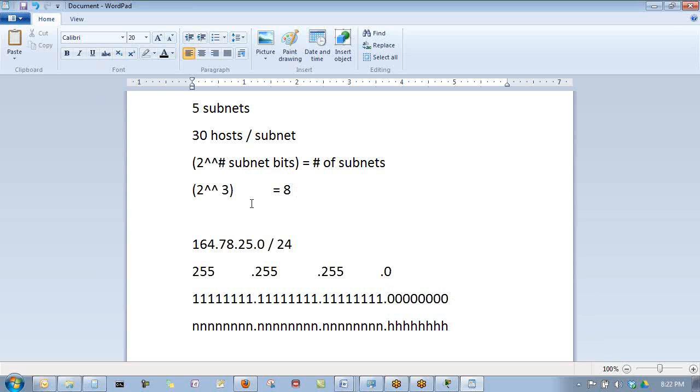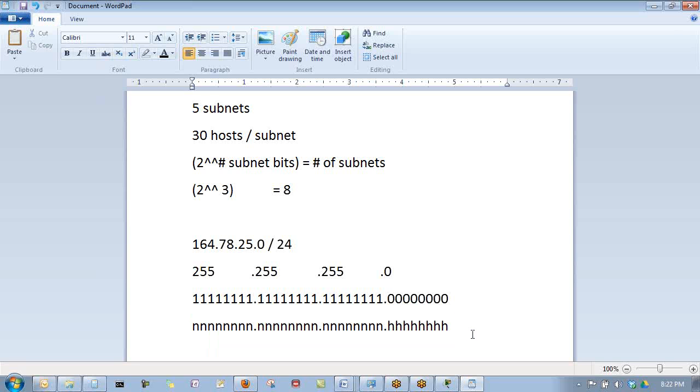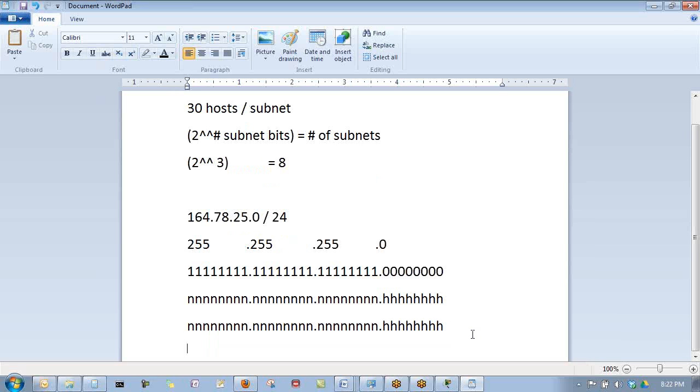Now, we just determined up above that I need to borrow 3 bits out of this subnet mask in order to have 5 subnets. So what I'm going to be doing is I am going to convert this, and we're going to change it up a little bit.